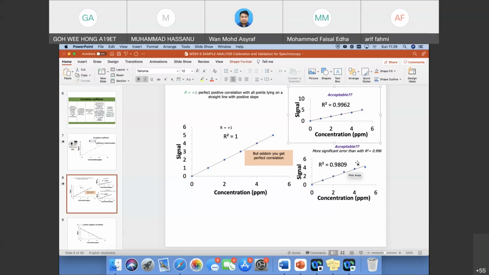With 0.9809, it is advisable for you to do your calibration curve again because it has much more random error compared to the first one. So usually we will have 0.99 and whatever value behind it, but for 0.98, it is advisable to do your calibration curve again. Okay, understand?